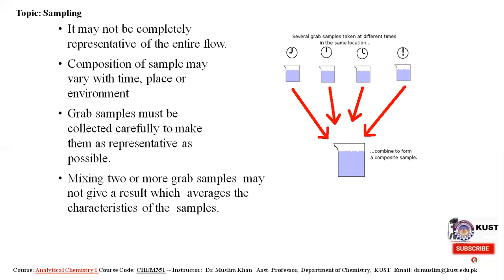So grab samples must be collected carefully to make them as representative as possible. Mixing two or more grab samples may not give a result which averages the characteristics of a sample.